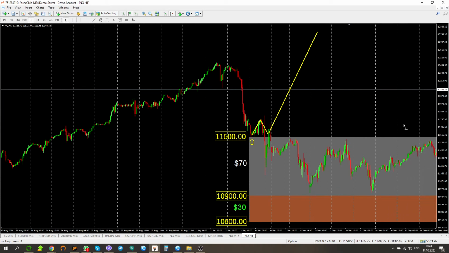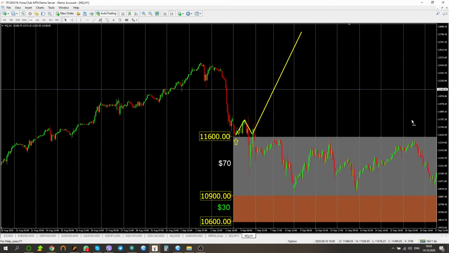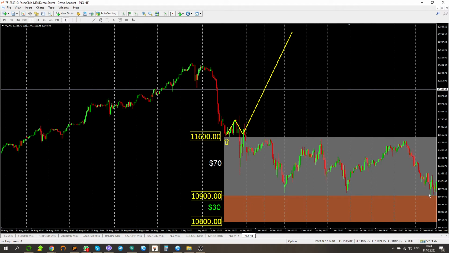Let's move forward, and we see that we are trying to retest this resistance level once more, but it doesn't work, and the market goes down, and we see that we are retesting this support level again.